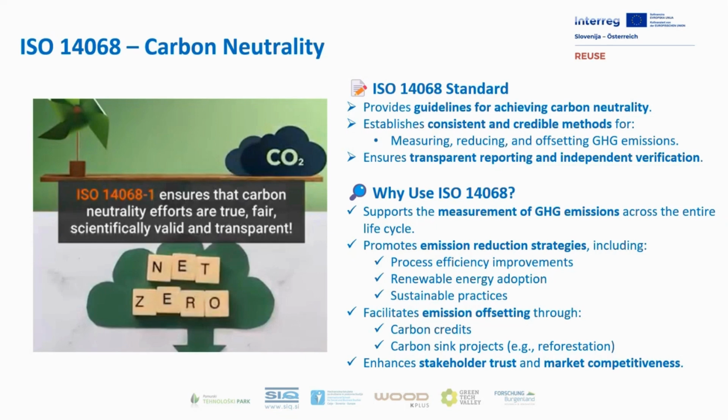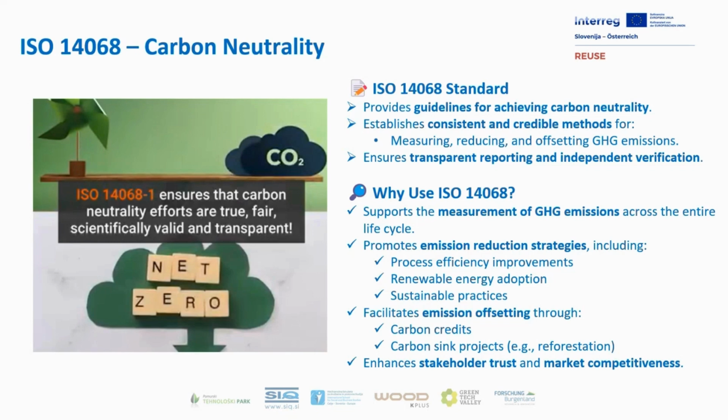The first one is measuring emissions. Just like the other standards, it starts with accurate measurements across the full life cycle of a product or an organization. Reducing emissions, then it pushes for real reductions through things like energy efficiency, switching to renewables, and improving processes.